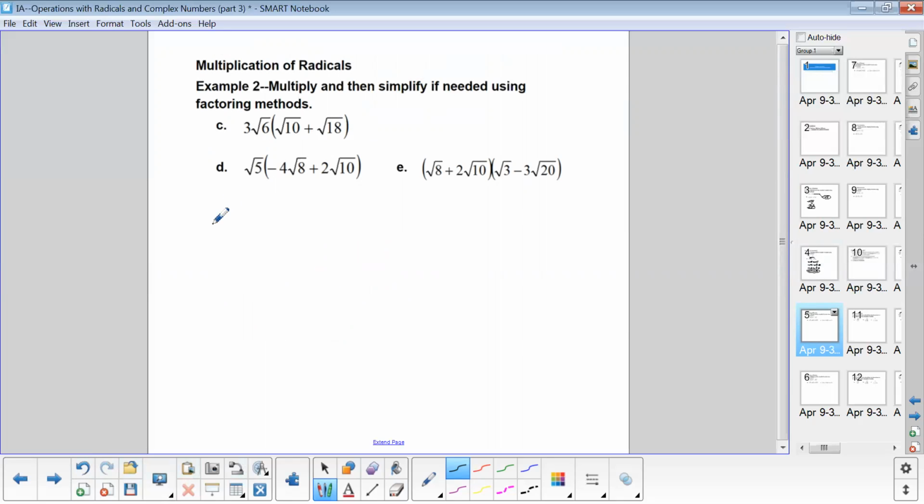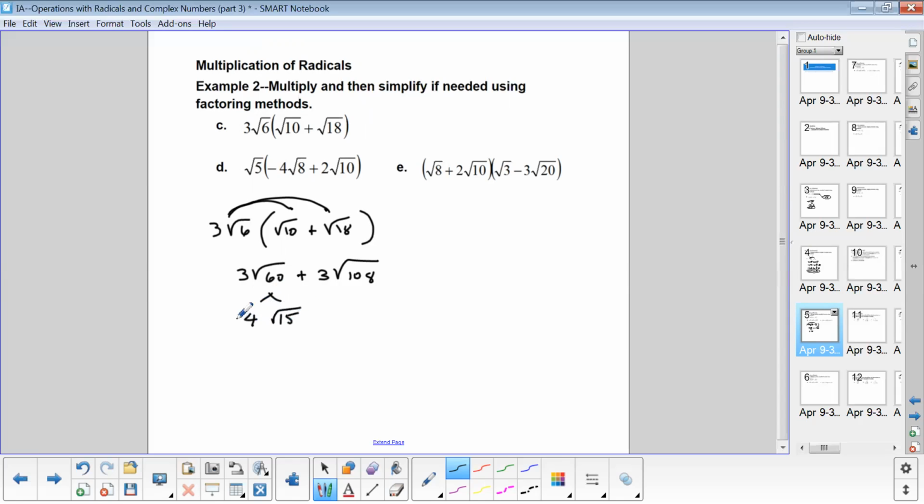Part C is another example of a distributive property. So 3 square roots of 6 times 10 would be 3 square roots of 60 plus 3 square roots of 18 times 6 would be 108, and 60, and 60 divided by 4, yeah, so we actually have 4.